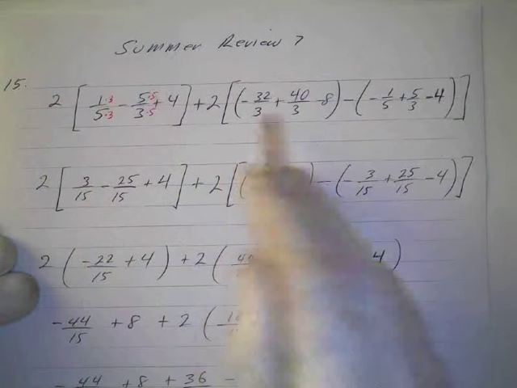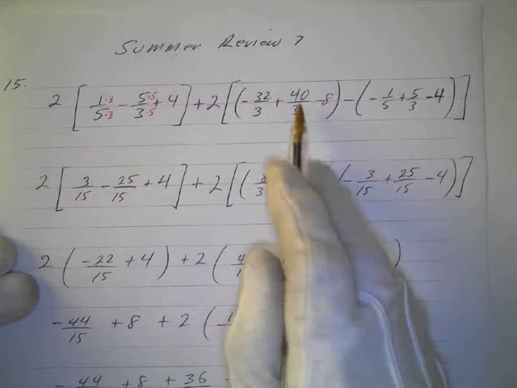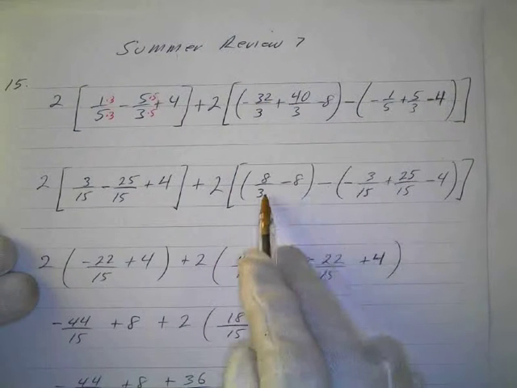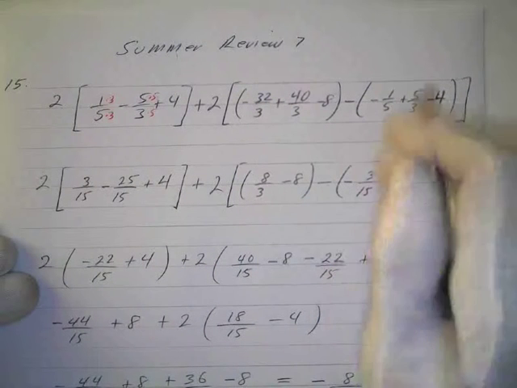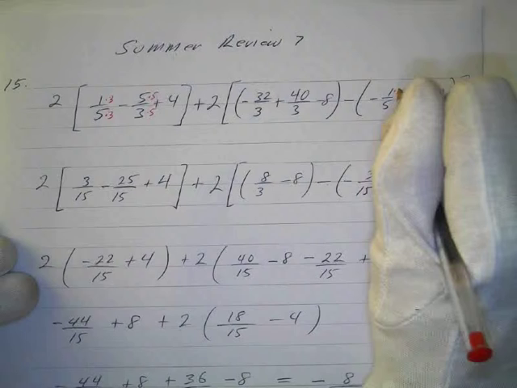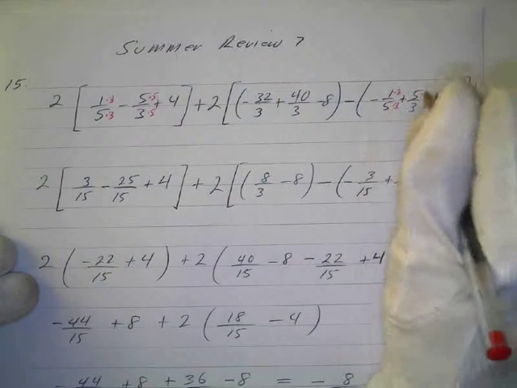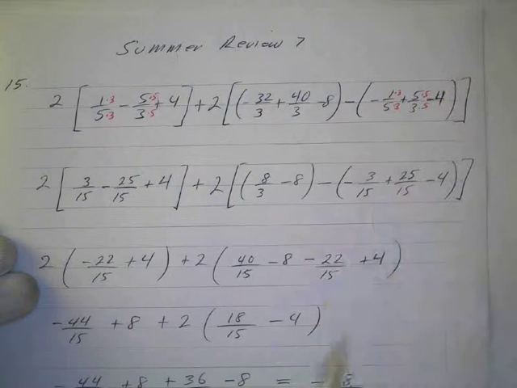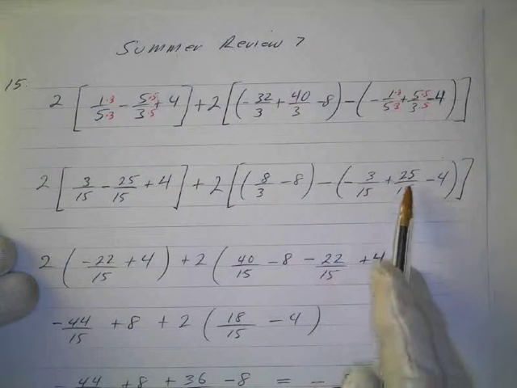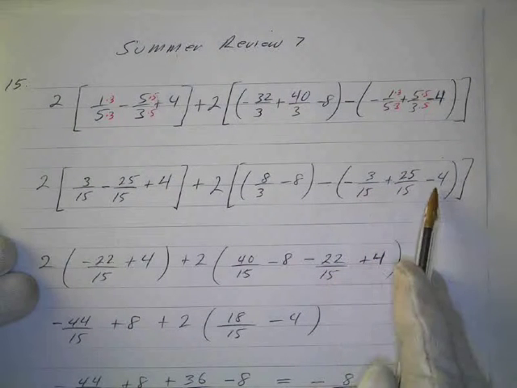Here I already had a common denominator, so that was nice. I could just simplify this: 40 minus 32 is 8, minus 8. And again, I have a common denominator of 15, so I'll multiply the top and the bottom by 3 here, and 5 here. And that'll give me negative 3/15 plus 25 over 15 minus 4.